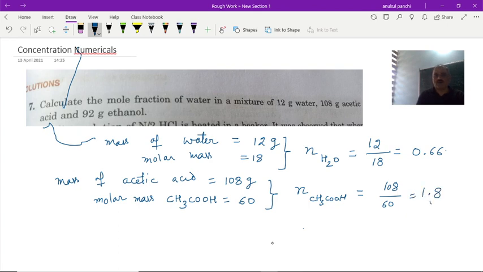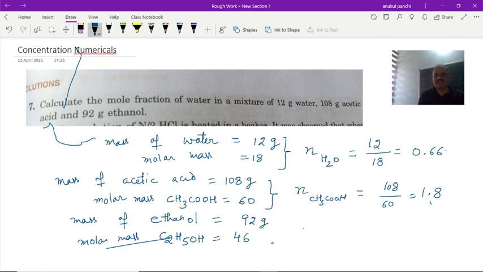Okay, now let us find the number of moles of the third component, which is ethanol. Mass of ethanol is given as 92 gram, and the molar mass of ethanol, again you must remember its formula, which is C2H5OH, and molar mass comes out to be 46.